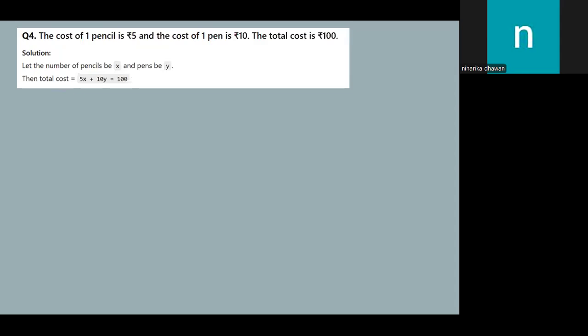Let's move to the next question. The cost of one pencil is rupees 5. The cost of one pen is rupees 10. The total cost is rupees 100. We have assumed that the number of pencils is x and the number of pens is y.